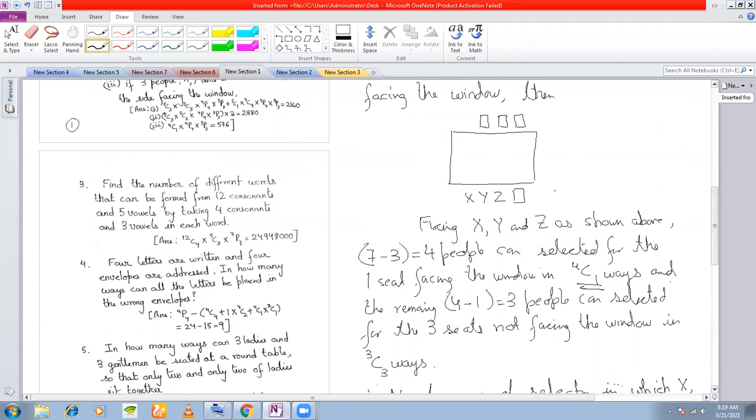Now after selection, these people can be arranged in factorial 4 ways, and these people can be arranged in factorial 3 ways.